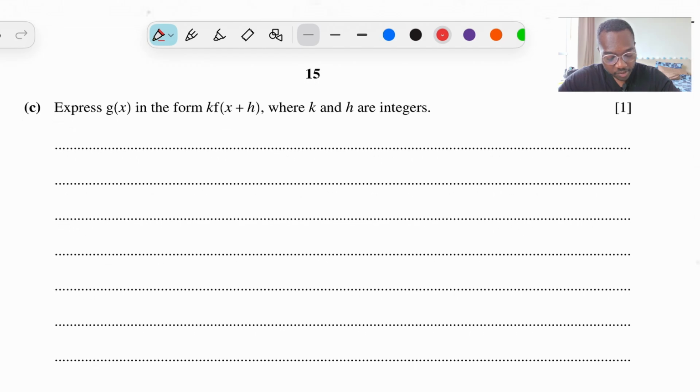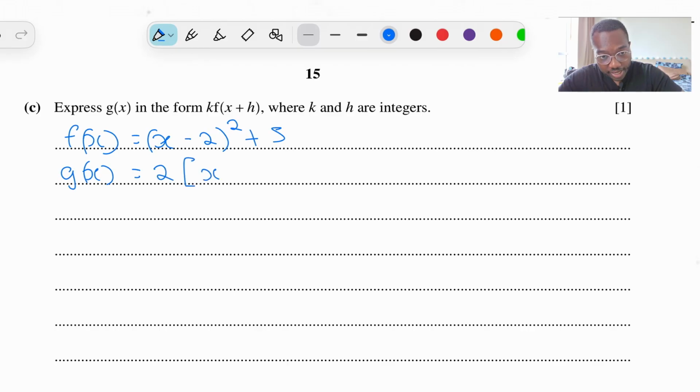Now for part C, we need to express g of x in the form of k f of x plus h. So effectively what they're saying is, how can we express that? At the moment we have f of x as x minus 2 squared plus 5, and we also have g of x as 2, and then in brackets x plus 1 squared plus 5.